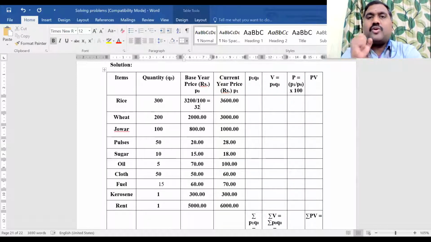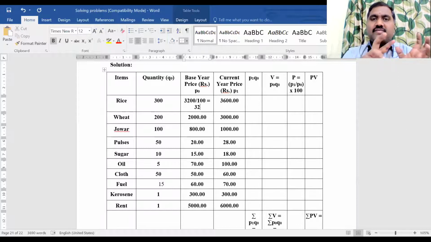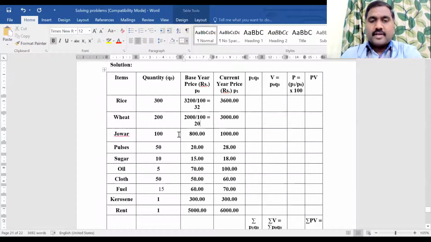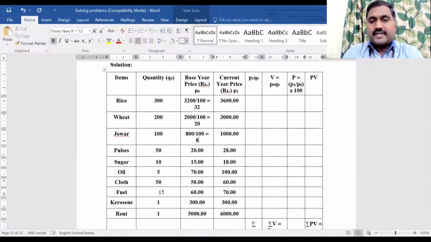Why divide by 100? Because 1 quintal is equal to 100 kg. So we need to convert the given value into kg, so we divide the value by 100. And similarly, this 2000 also should be divided by 100, so 20. And 800 divided by 100 is equal to 8.